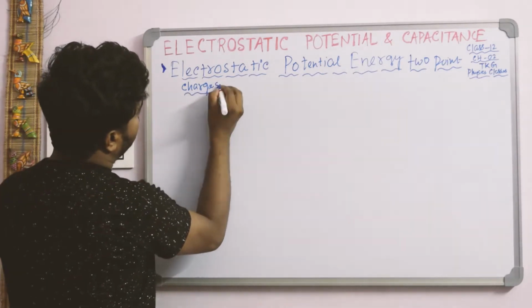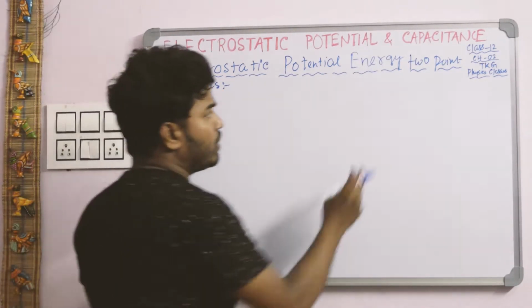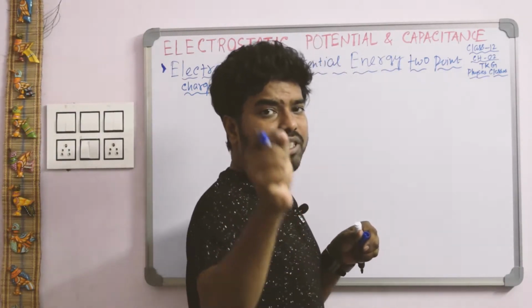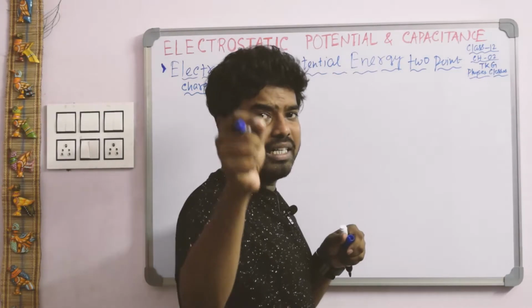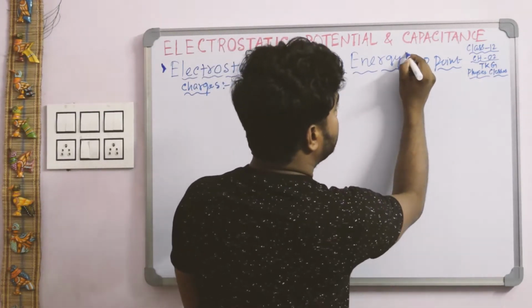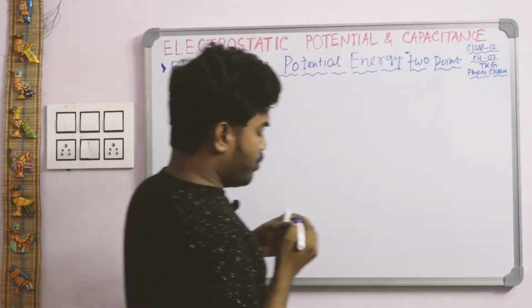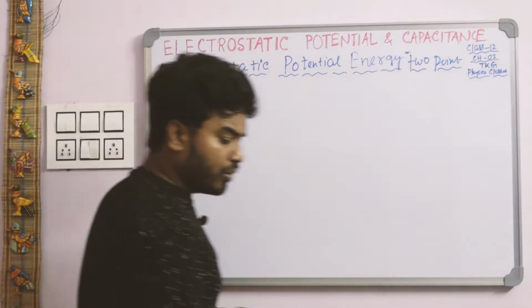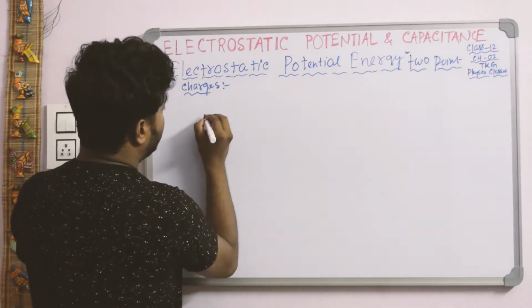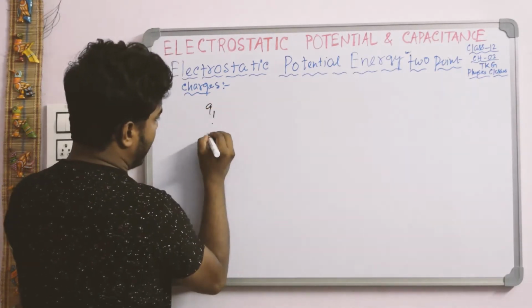Why 2? Why not a 1-point charge system? For a 1-point charge system, the amount of work done is 0. That's why we start with the 2-point charge system. Suppose there is a point charge Q1 at point P1.